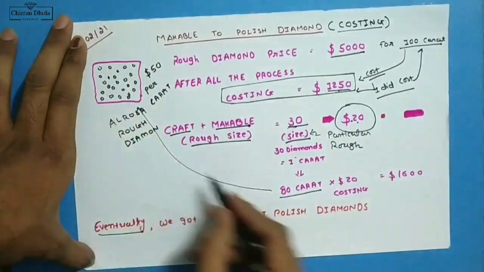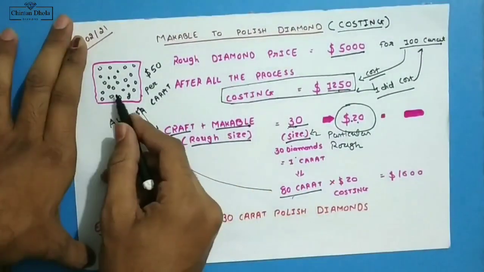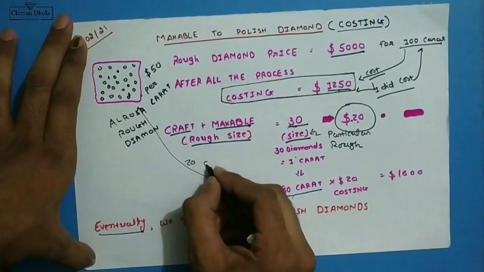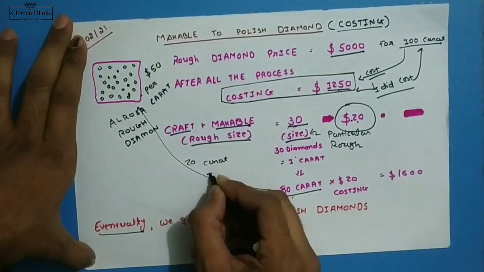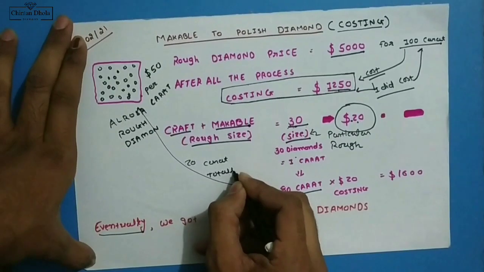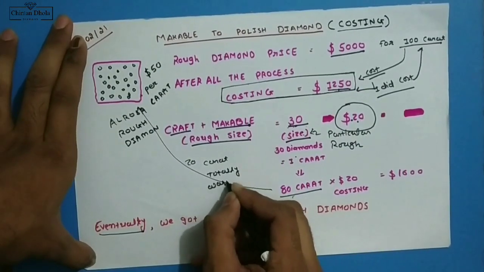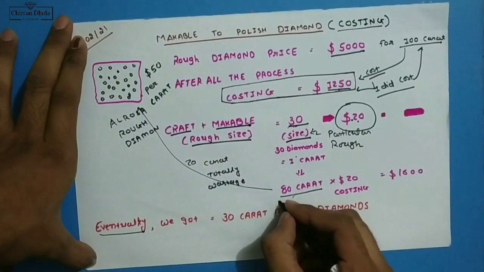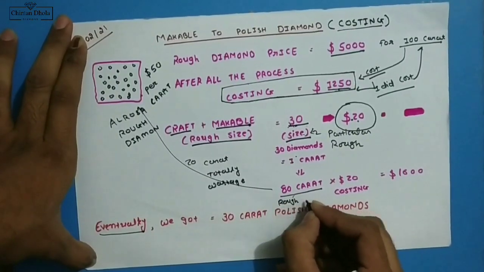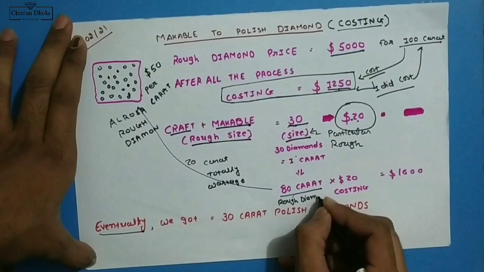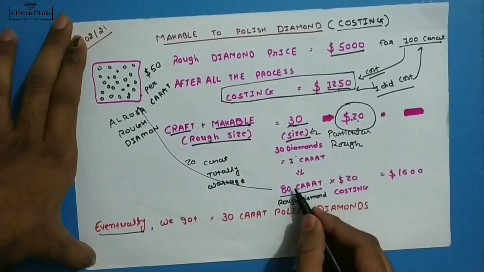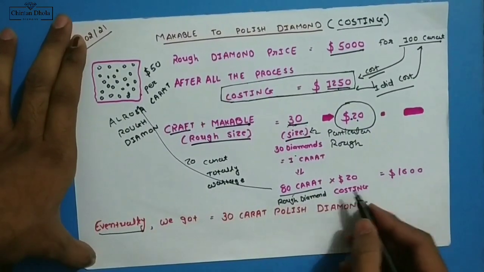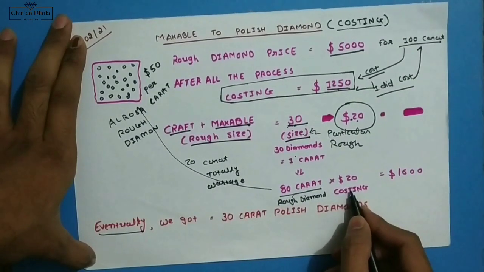And we get 80 carat from this particular rough diamond. Okay, we get 80 carat only from this, and the 20 carat is totally wastage. So we achieved 80 carat rough diamond, and for manufacturing 1 carat of rough diamond, the costing is $20.